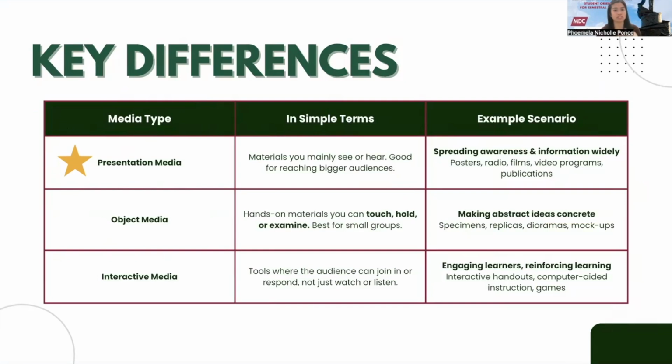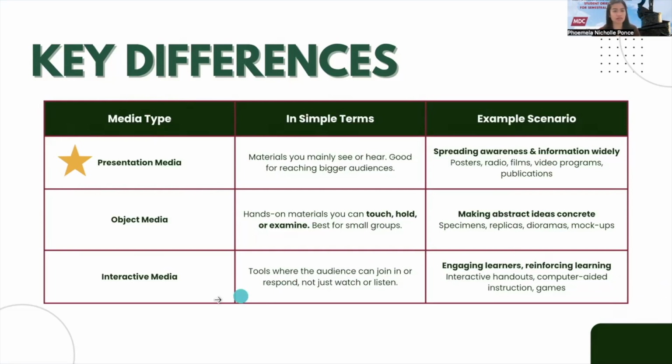They are good for reaching a bigger audience, and are mainly used for spreading awareness and information widely because of their reach. Examples are posters, radio, film, video programs, publications, and the likes. Now for object media, you have to have hands-on materials. You have to touch, hold, or examine the materials in this type. So these are usually best for small groups.